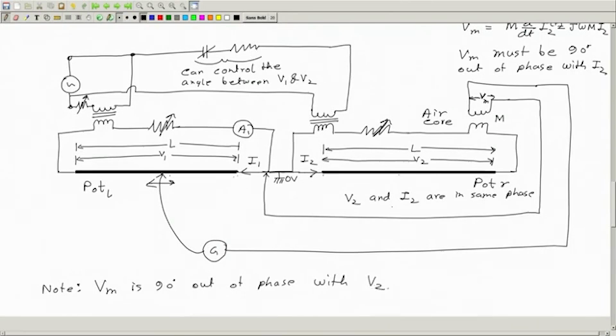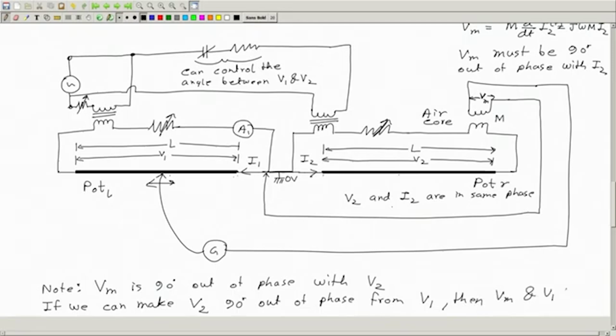Now if we can make V2 90 degrees out of phase from V1, then Vm and V1 will be in the same phase, or 180 degrees out of phase.